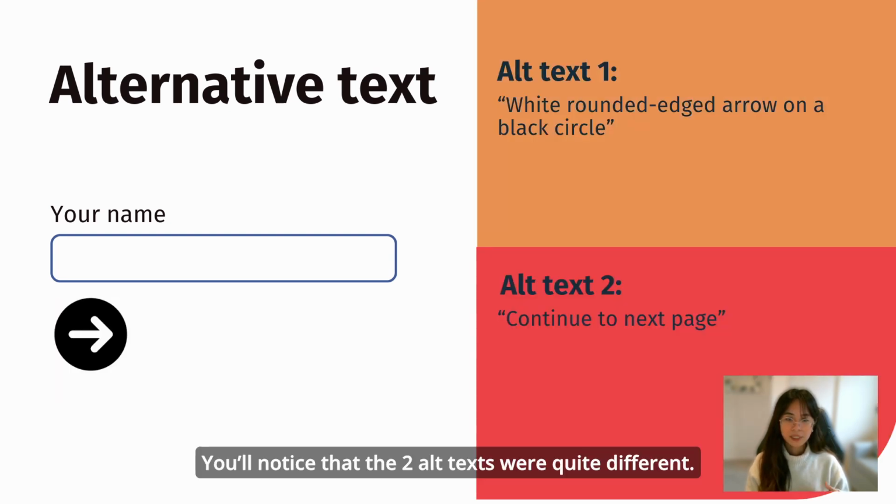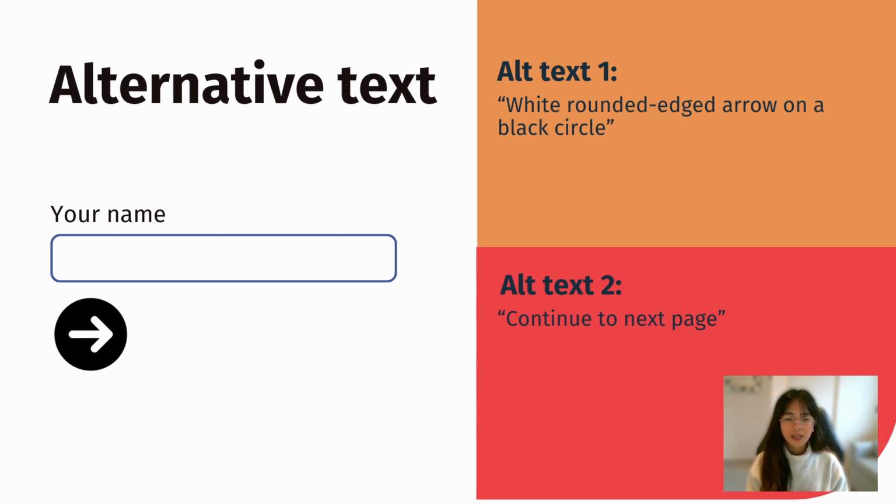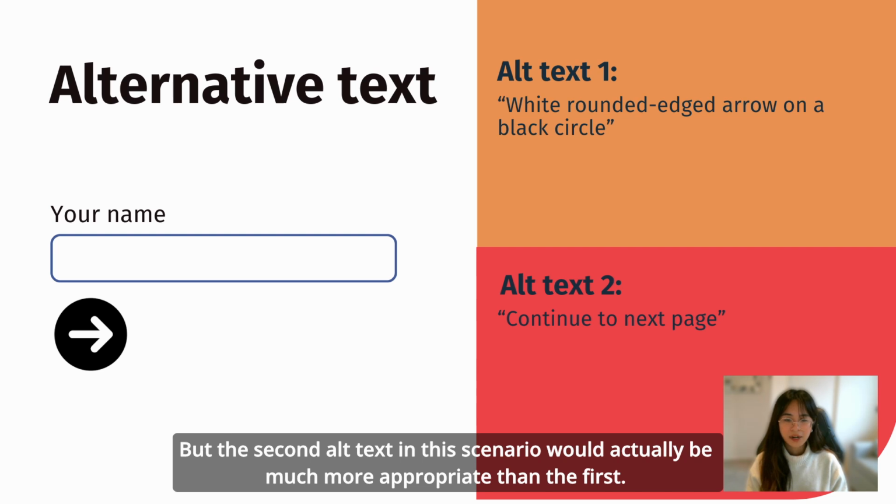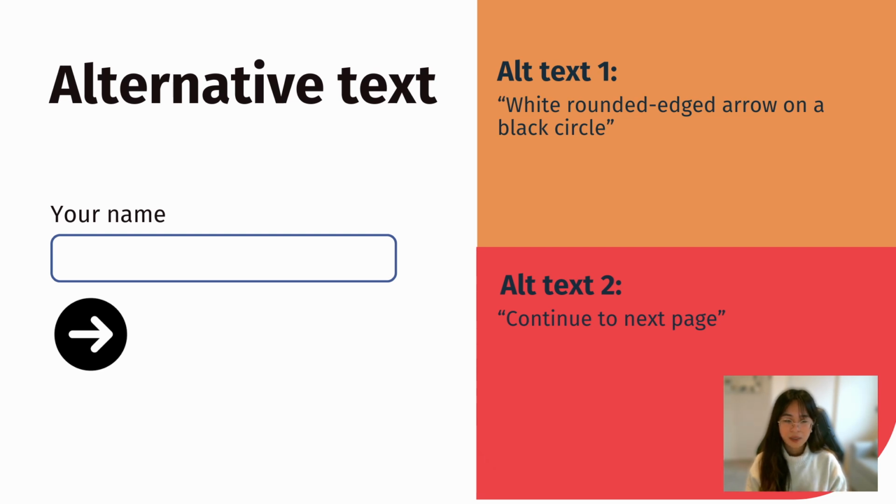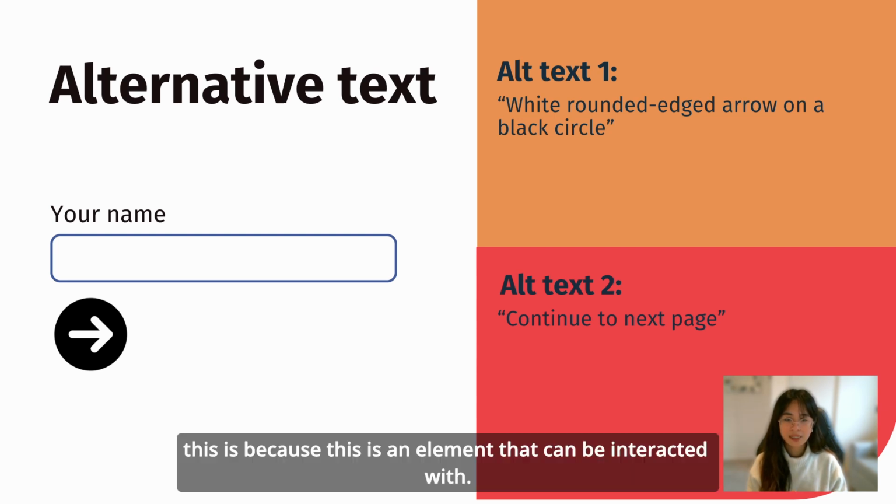You'll notice that the 2 alt texts were quite different. The first one was very descriptive of the button's image. It is indeed a white rounded edged arrow on a black circle. But the second alt text in this scenario would actually be much more appropriate than the first. And if you're asking why, this is because this is an element that can be interacted with.